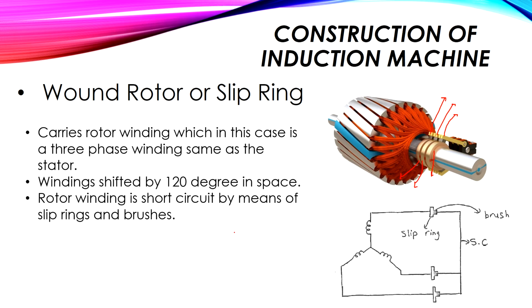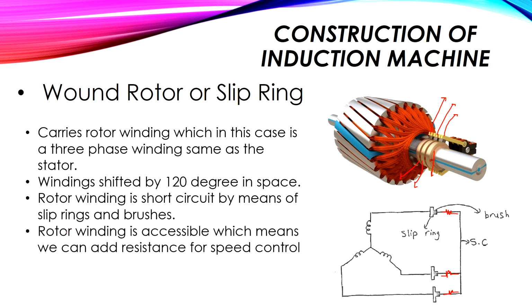Now the advantage of this type of slip ring is that we can add a variable resistance here. So what is the benefit of this resistance? This resistance is helpful in speed control and starting of the machine, as we will discuss in the next lectures on the starting methods and the speed control.